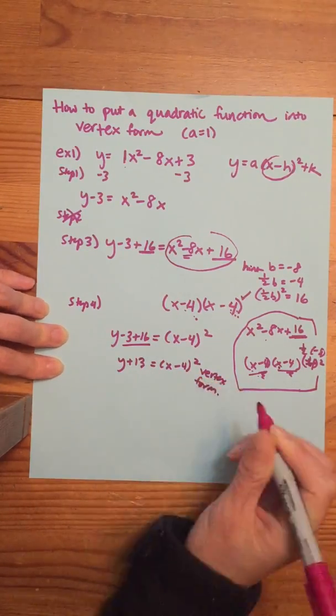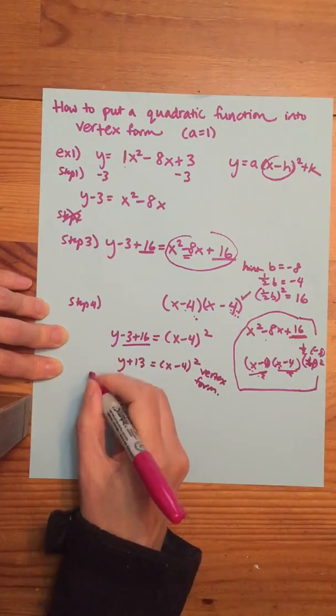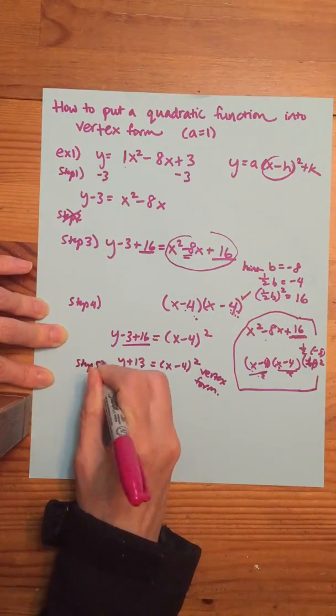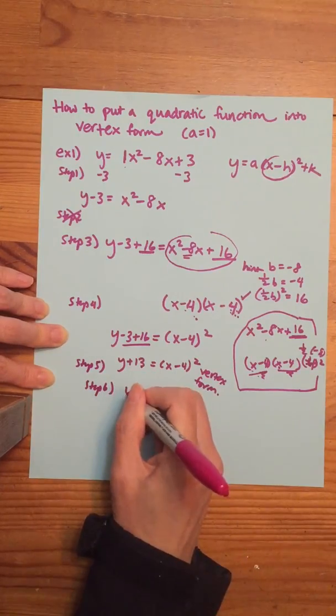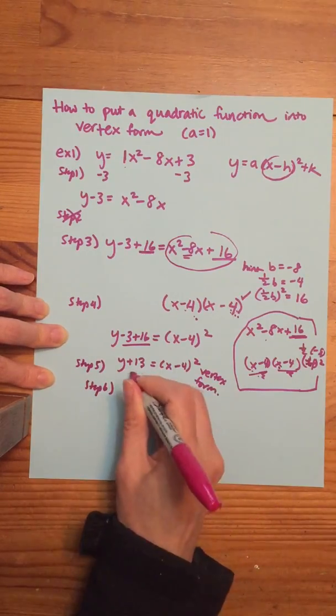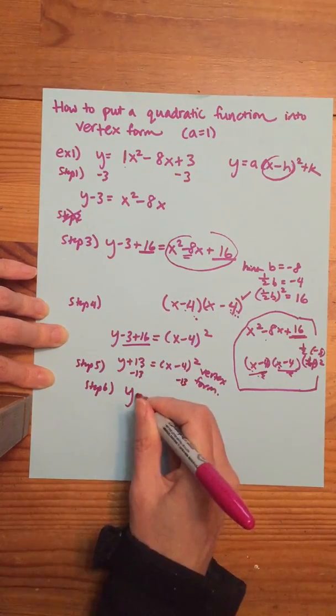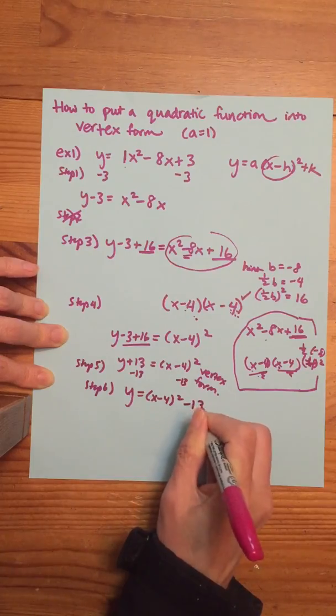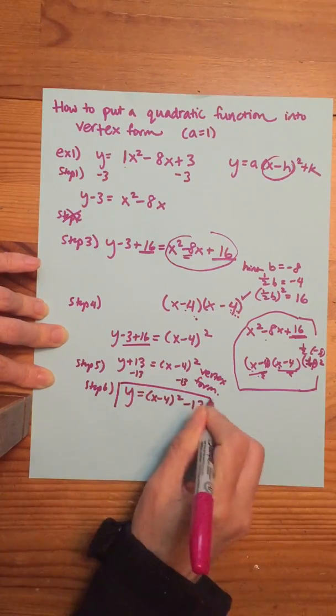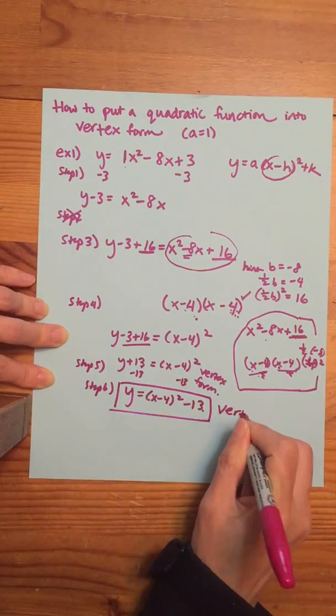So that would work in some textbooks. However, I do want step 6. So the way that we want it is we want the y to be isolated on the left. We're going to subtract 13 from both sides for step 6. And that's going to be y equals x minus 4 parentheses squared minus 13. This is our vertex form right here that we're going to use.